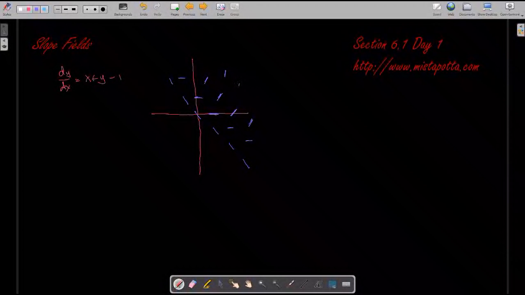By substituting points, I can get a fairly good contour of my graph. Here my slope was 0, here my slope was negative 1, so now I'm probably dealing with a negative 2 slope parallel to these, and a negative 3 slope.